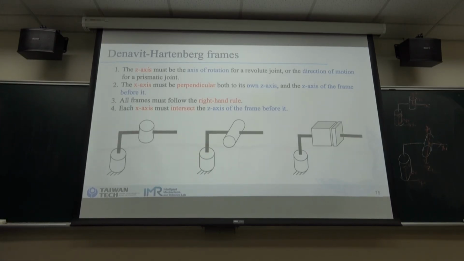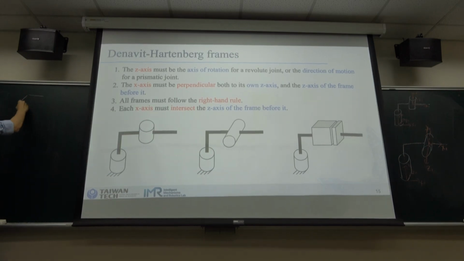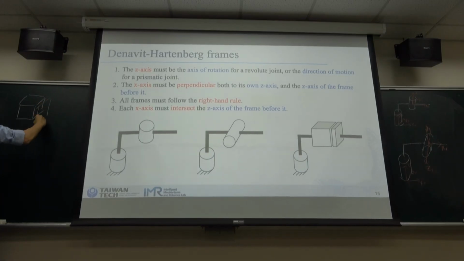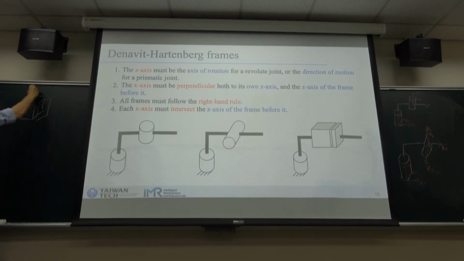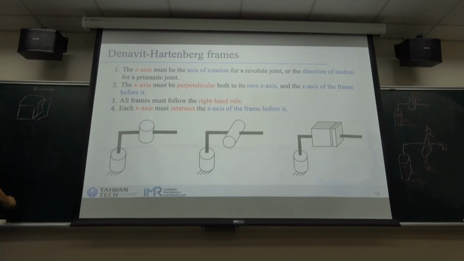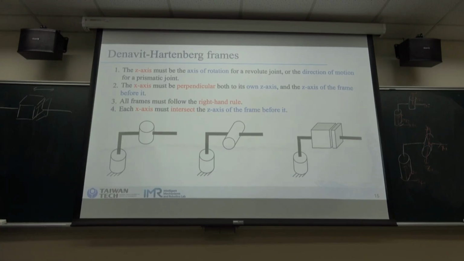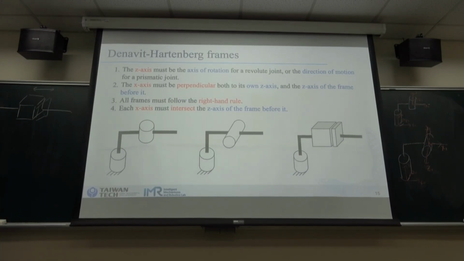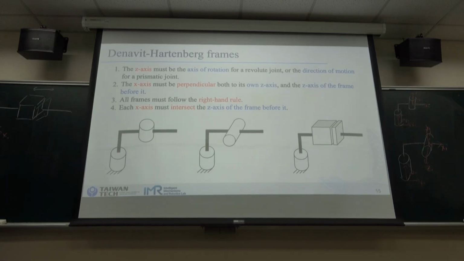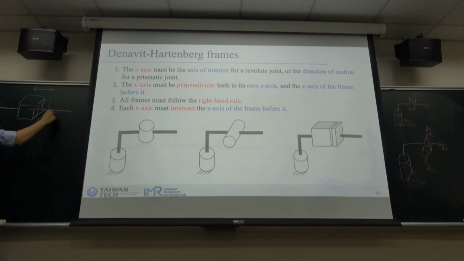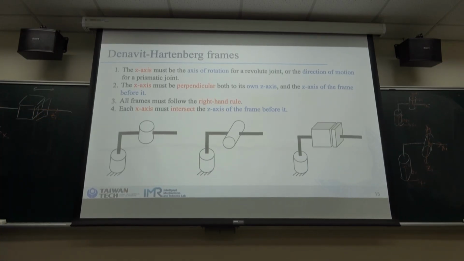And now we see the third one. This is a prismatic joint which can move in this direction. So z0, x0, and y0. We know that the z-axis must be in the direction of the motion of the prismatic joint, so here is z1.